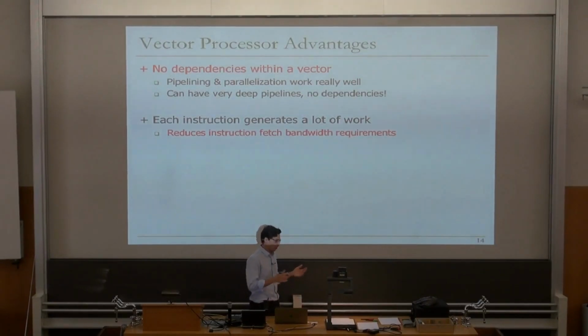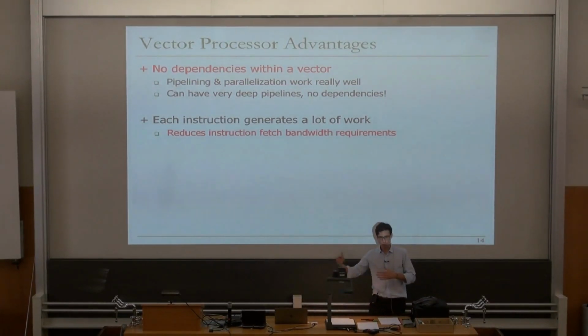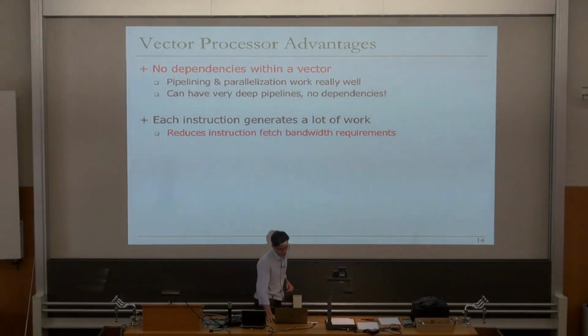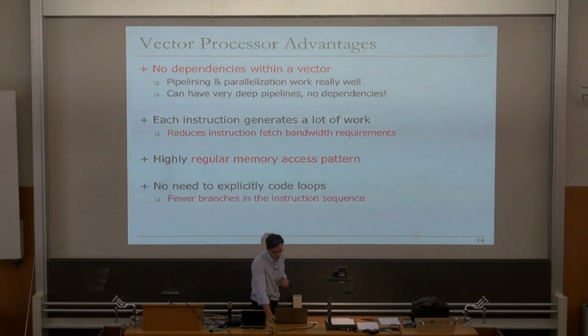So probably one potential benefit from this is that because we don't need to go to memory so frequently, we might have smaller caches, and still our processor will give us very good performance. Another advantage is that we have highly regular memory access patterns, and this is, for example in GPUs, the ideal way of accessing memory to get the maximum possible bandwidth.